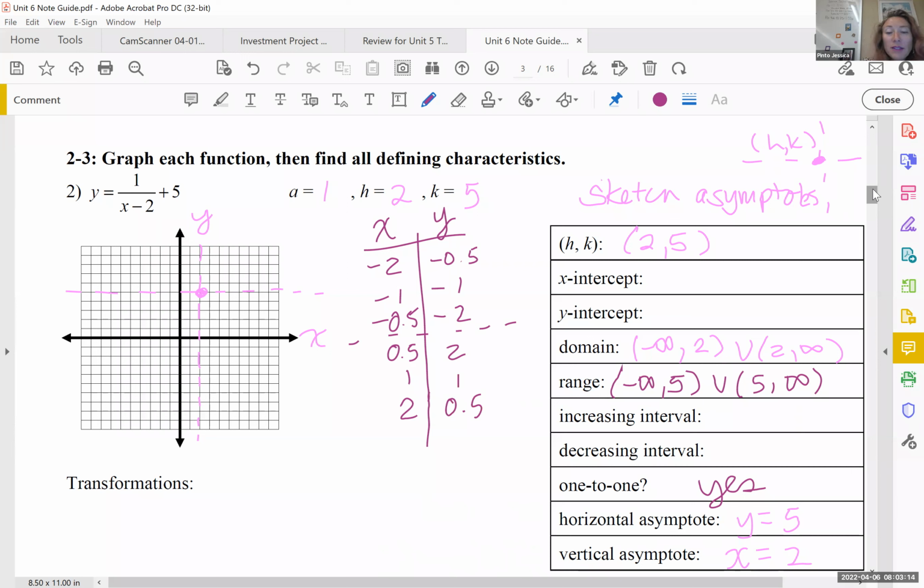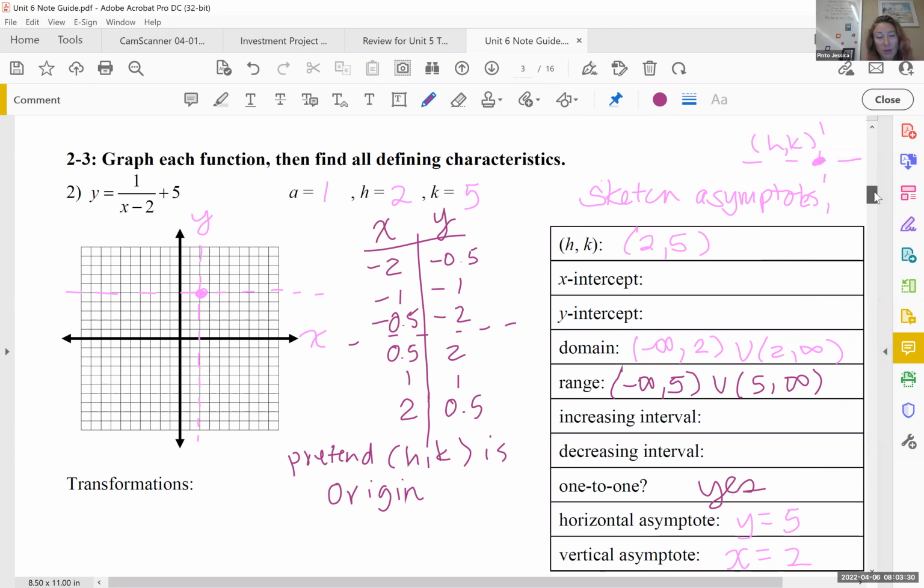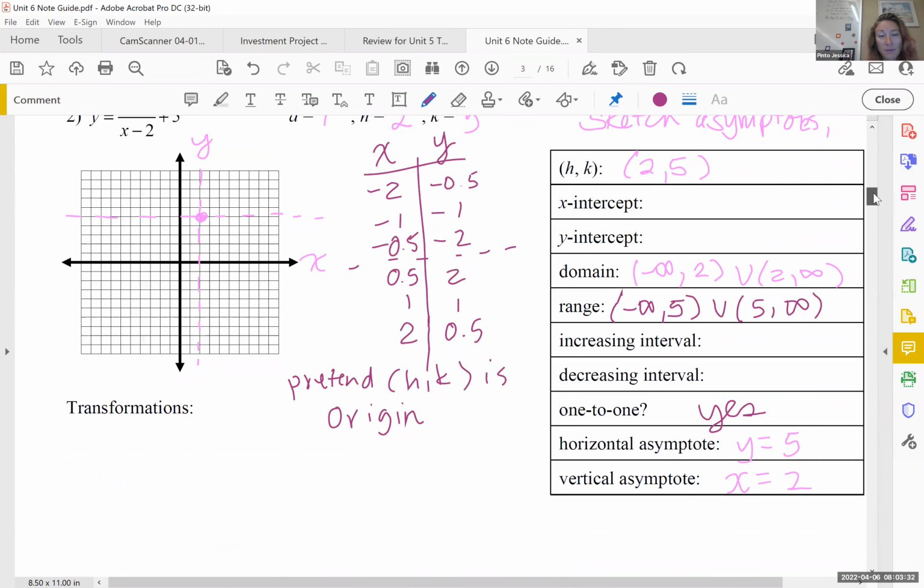So I'm going to now pretend that HK is the origin. If I wanted to, I could now make my transformation table, x plus h and y plus k.